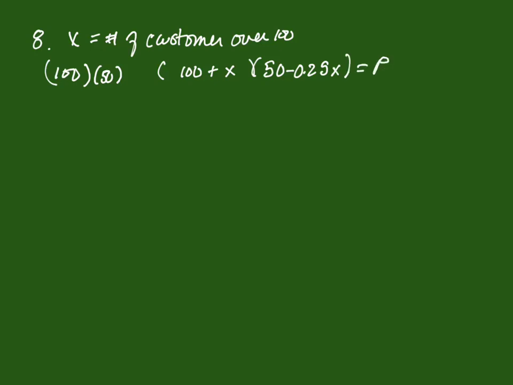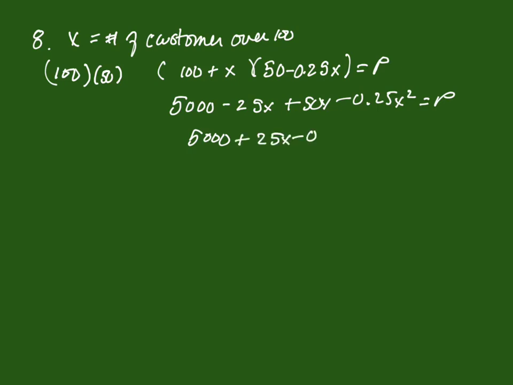That's equal to P. So multiplying that out, 5,000 minus 25x plus 50x minus 0.25x squared equals P. So 5,000 plus 25x minus 0.25x squared equals P.